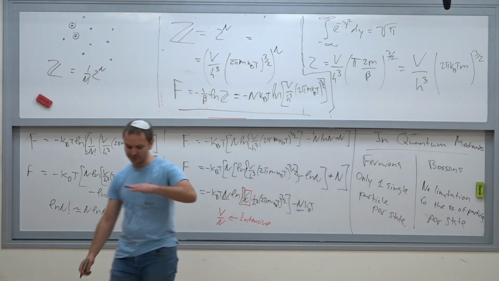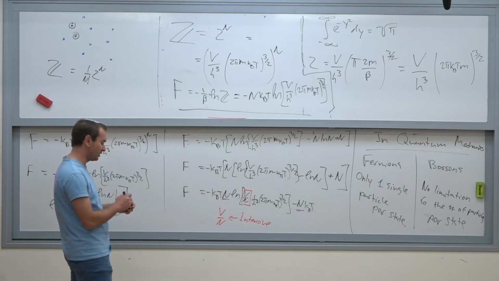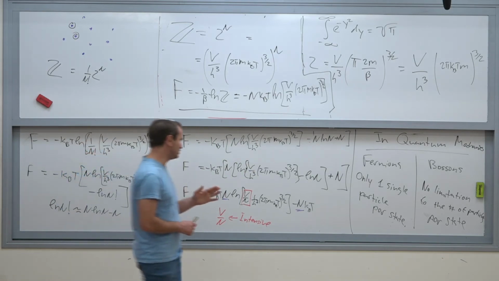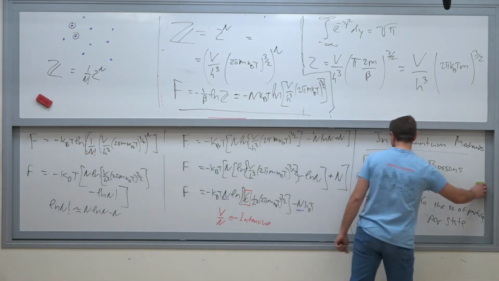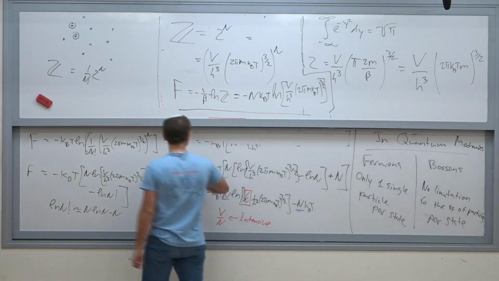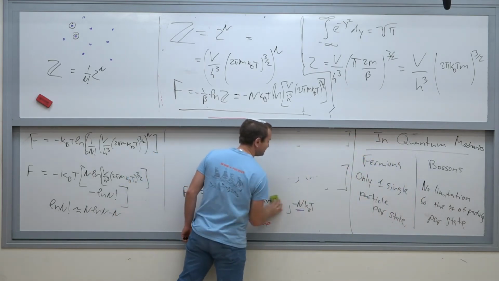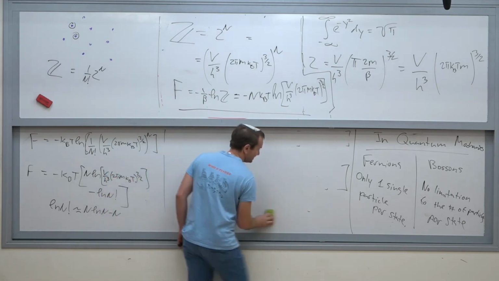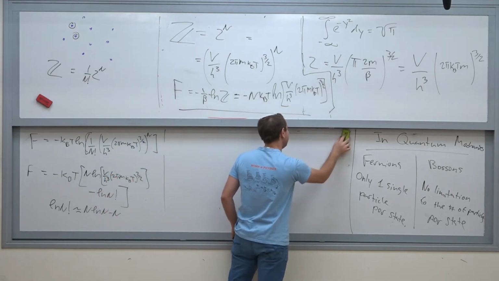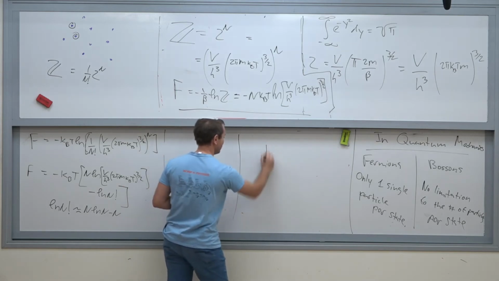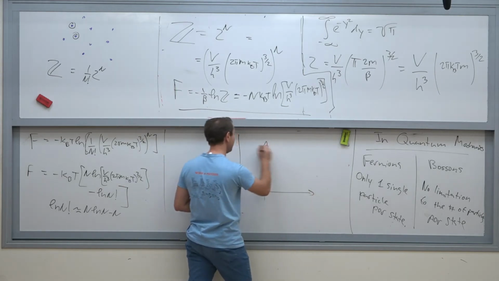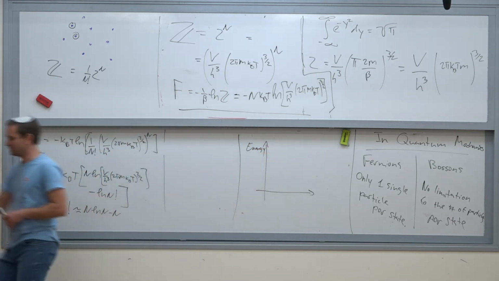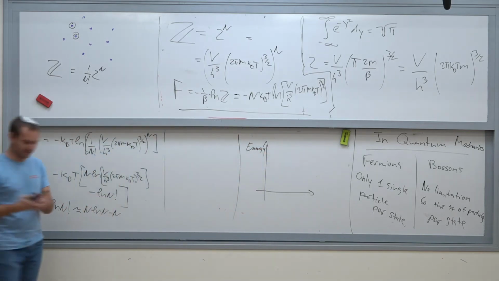So if I have different states of my Hamiltonian and I have several particles, the occupation for bosons, okay, if I plot down the spectrum, the energy spectrum, so this is the energy, and it has different levels.